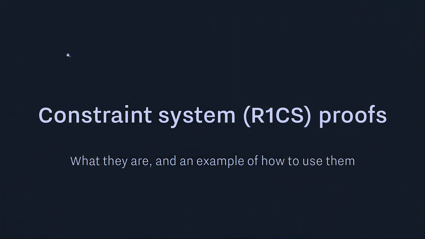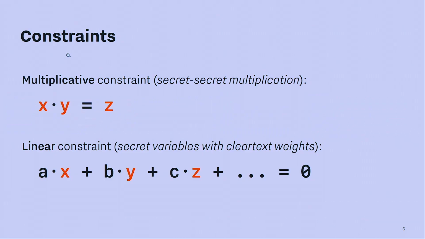In my presentation, anytime I say constraint system, really what I mean is rank 1 constraint system. It just sounds a little easier to say. I'll explain what they are and an example of how to use them. In the Bulletproofs setup, there are 2 kinds of constraints.